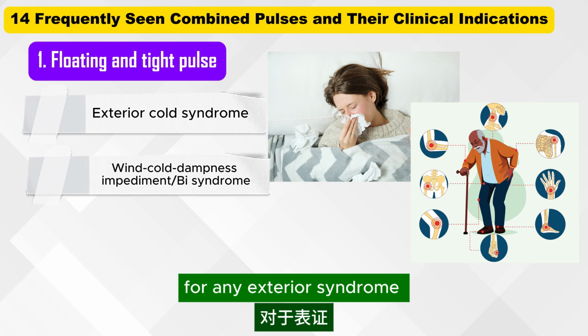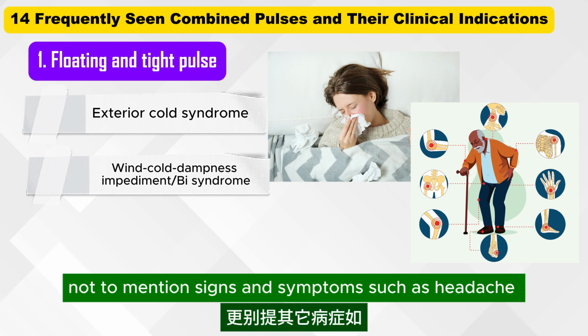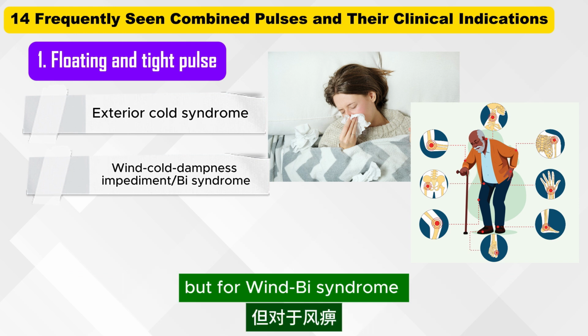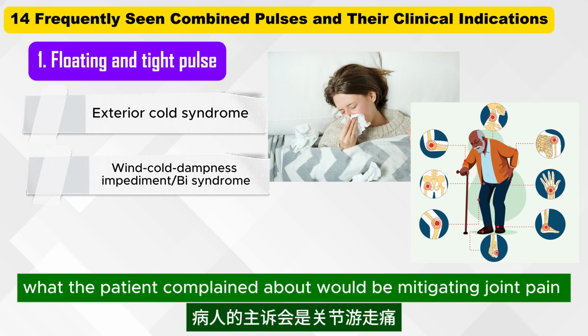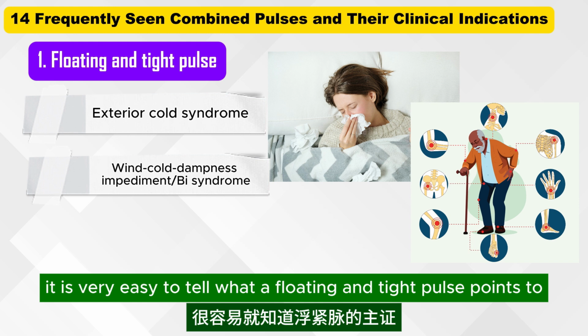For any exterior syndrome, the patient will experience fever and aversion to cold simultaneously, not to mention signs and symptoms such as headache, general pain, stuffy nose, or sneezing, etc. But for Wind B syndrome, what the patient complained about would be migrating joint pain.